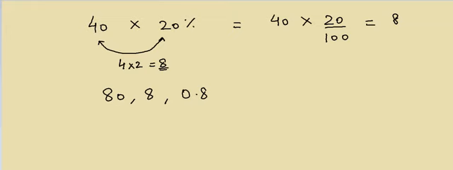So this is a much higher number. 20%, we know that it has to be smaller than 40, right? And 0.8 is too small of a number. 20% is like 1/5 of a number and 0.8 is too small. So we have to have 8, right?